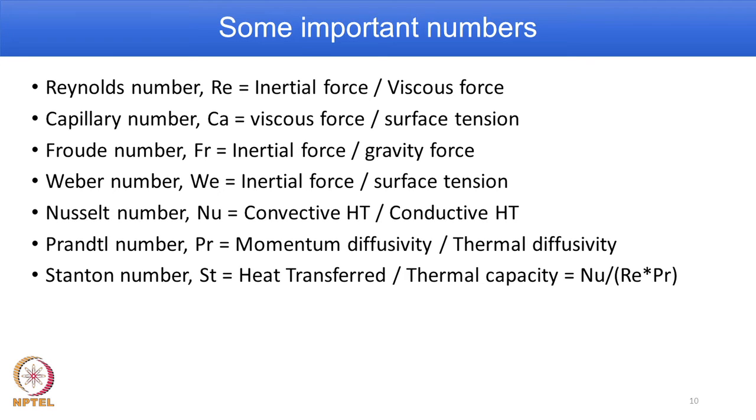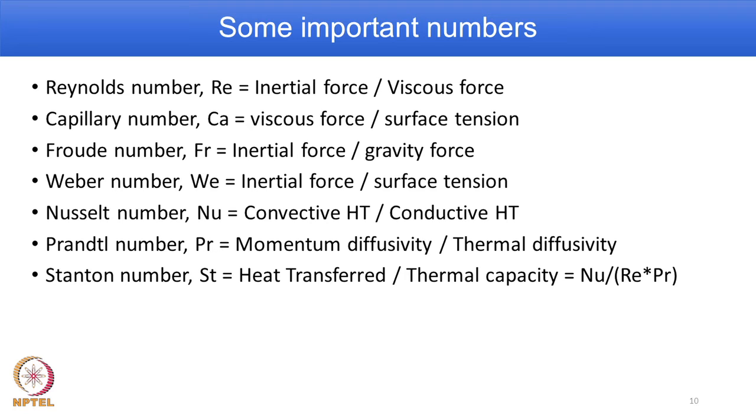Next is the capillary number, given the symbol Ca, which is the ratio of viscous force to surface tension. The Froude number is generally used in flows where gravity effects are considered. It is defined as the ratio of inertial force to gravity force.